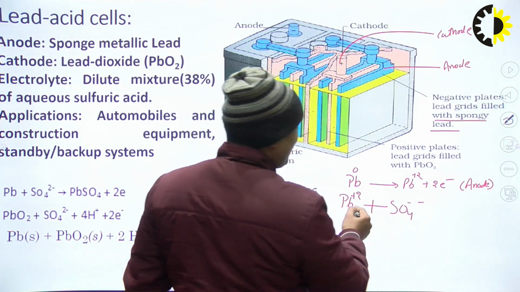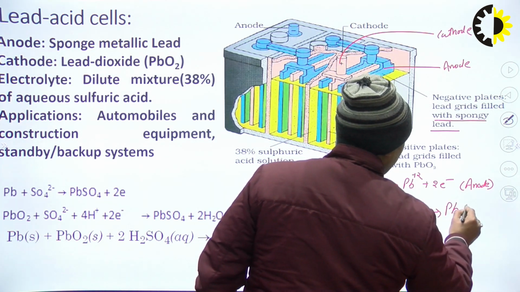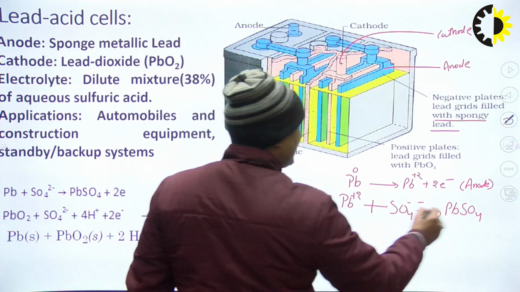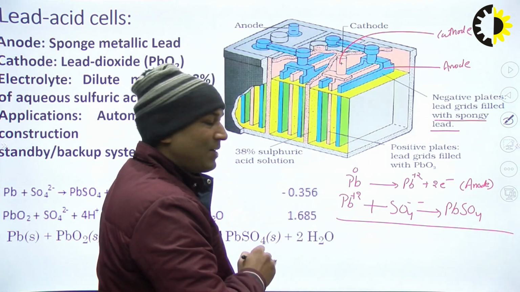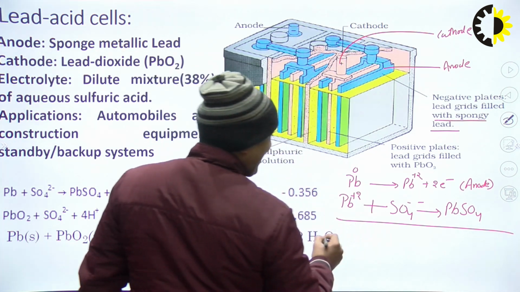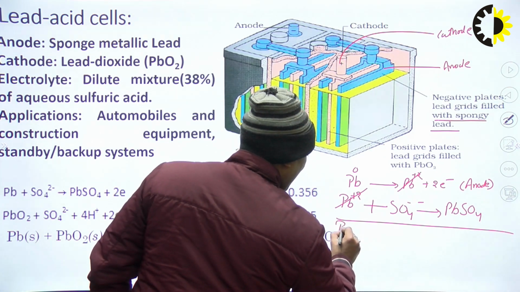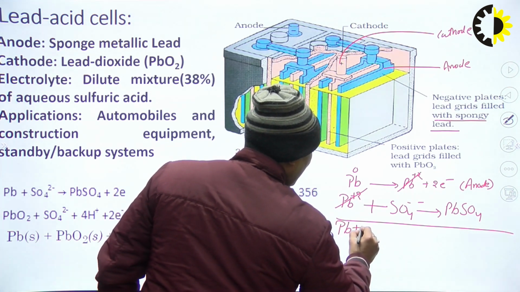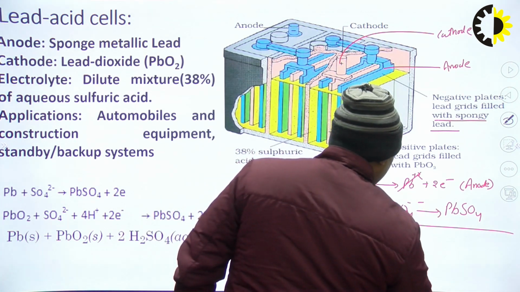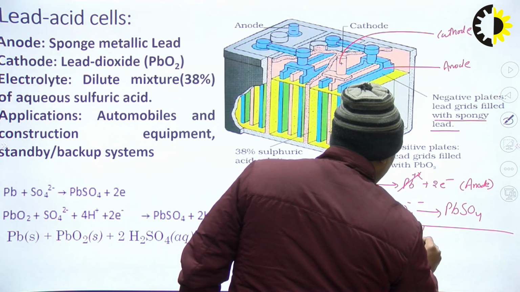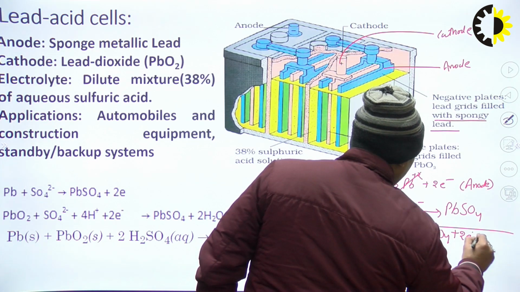is interacting with this lead ion and it is forming PbSO4, lead sulfate precipitate, and ultimately the complete cell reaction will become, Pb to Pb cancel out, and now Pb plus SO4 is converted into PbSO4 plus 2 electrons.